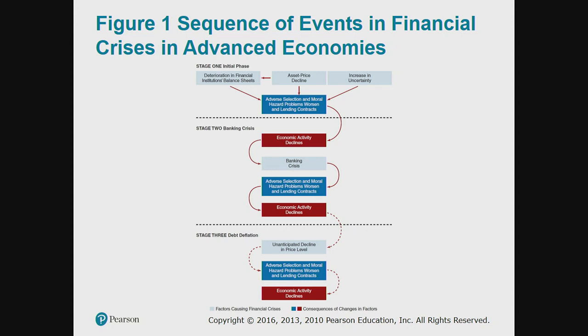Economic activity declines, so firms start laying off extra workers that they don't need. As there's more people unemployed, there's fewer people buying goods and services. So especially for firms struggling to sell goods and services, what are they going to do? They're going to lower the price, driving down the price level.